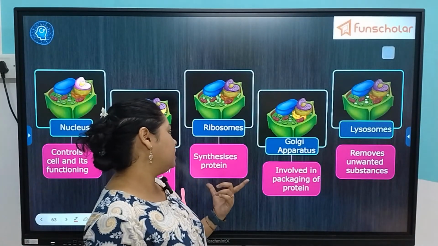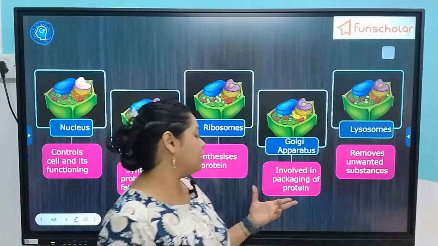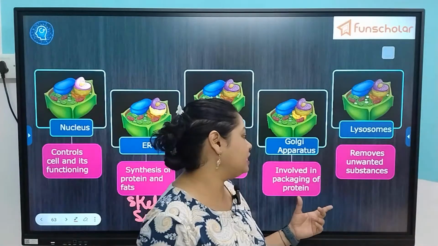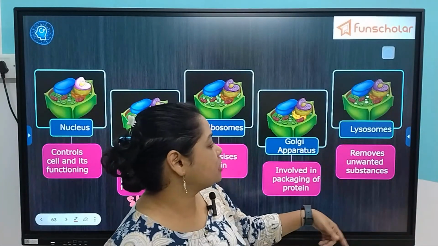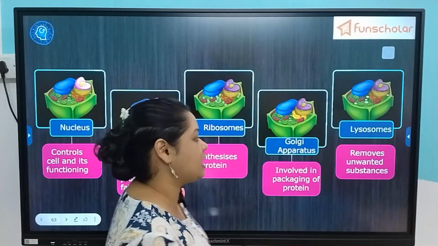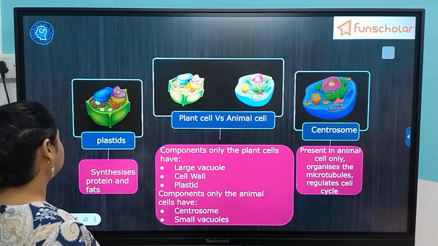Ribosome is actually the protein factory of the cell, and Golgi apparatus is the packaging unit of the cell, and it also helps to give rise to lysosomes, which are suicidal in nature and remove the unwanted substances and help to maintain the toxin-free nature of the cell.